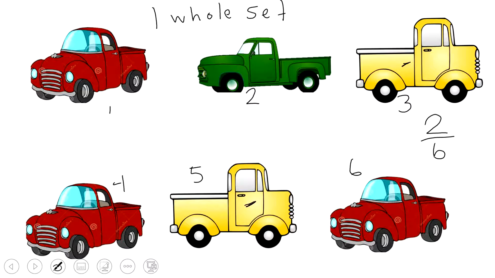I could do the same thing with the green. So when I'm talking about a fraction of a set, I'm talking about this group of trucks as being one whole set. That's where I get my whole from. And then I can think of each truck in here as being a piece. So it's a little bit strange, but I can make fractions of wholes by doing that.